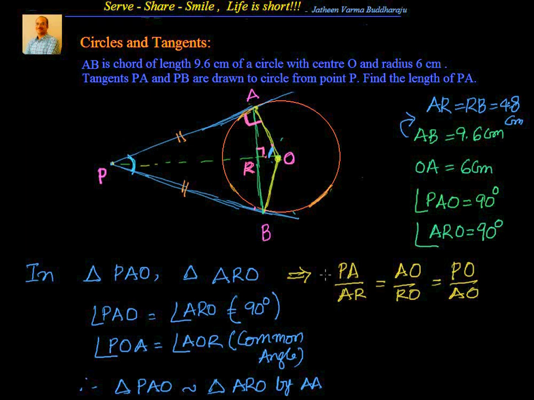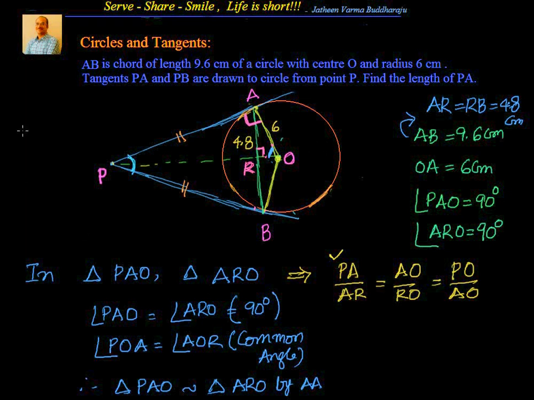So what we want is PA information, so I have to take this one. Do I know AR? Yes, I know AR is 4.8. I have that information with me. And do I know RO? Do I know AO? Yes, I know AO. AO is 6 centimeter. How to find out RO?